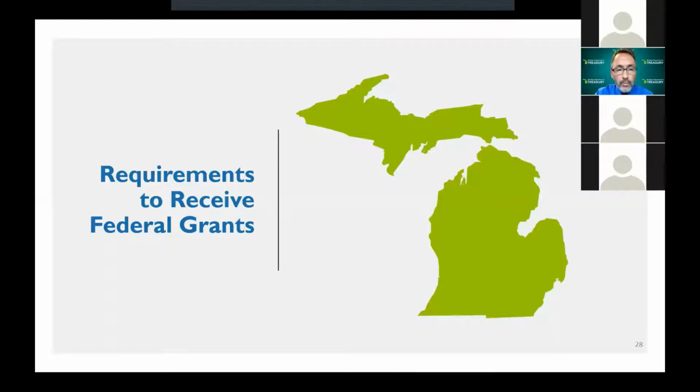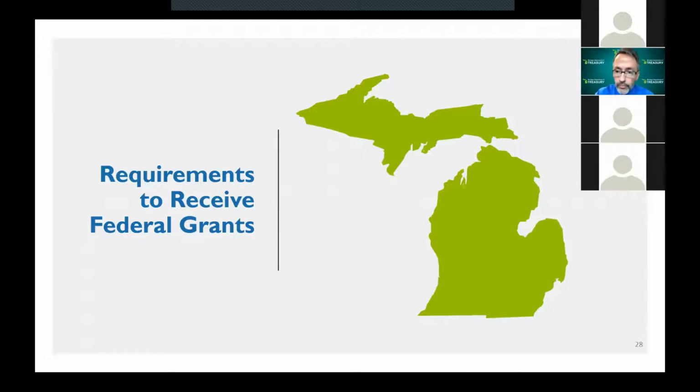Some of the things that you'll need to do and track: you'll need to have a financial management system to separately identify, track, and effectively control each source of federal funds. You'll need to have written procedures covering at a minimum allowability of costs, cash management, procurement, compensation and benefits.